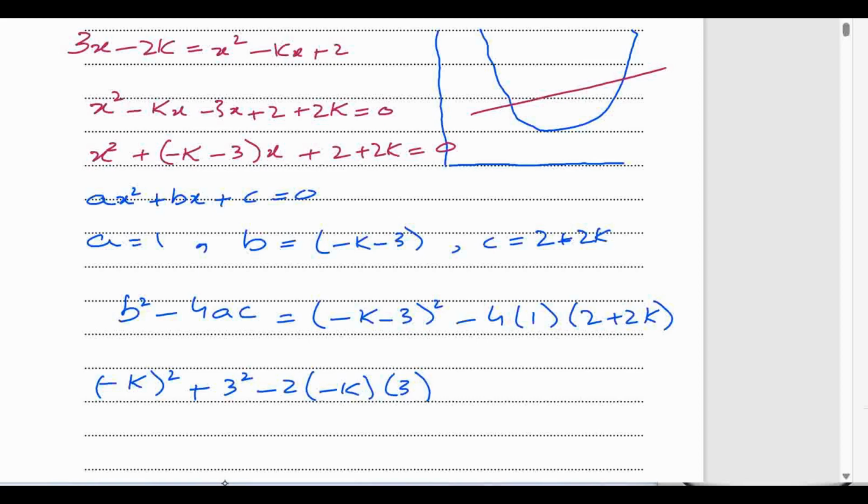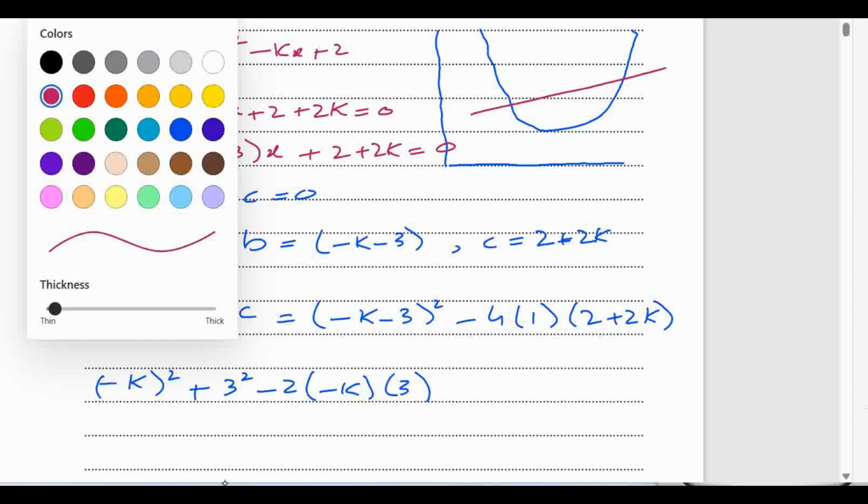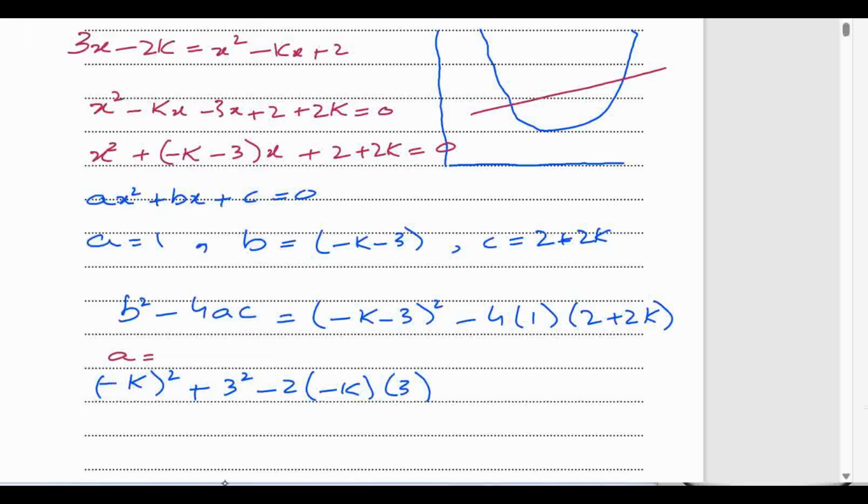Here a for this case is minus k, and b for this case is positive 3. We are using the formula a minus b whole square equals a square plus b square minus 2ab. The remaining part will be minus 4 into 2 plus 2k.